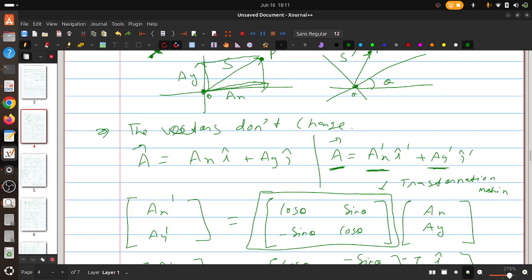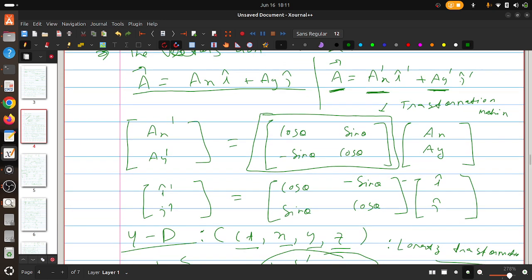Mathematically we can represent this vector A in the S frame as AX i cap plus AY j cap, and in the S prime frame we can represent the same vector, because the vector doesn't change, as AX prime i prime cap plus AY prime j prime cap.